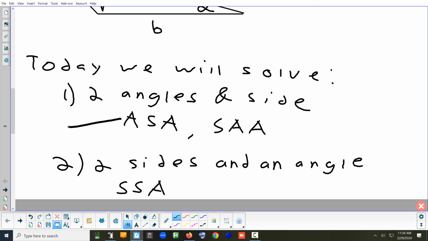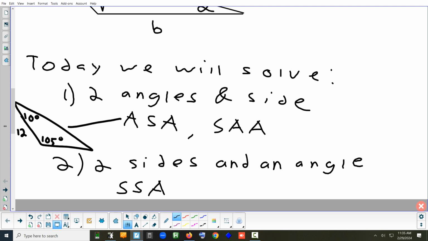Angle, side, angle. That would look something like this. They give you an angle, a side, and an angle. That's an angle, side, angle problem. So the three letters are describing the information they give you and the placement: two angles with a side between them.